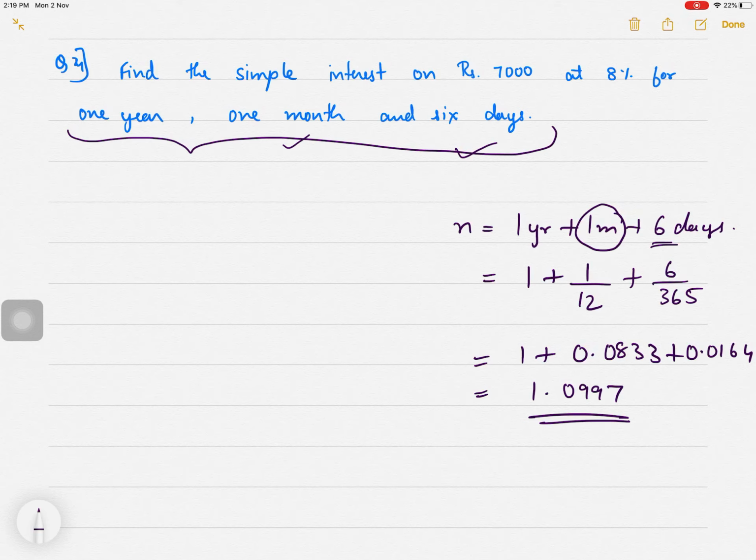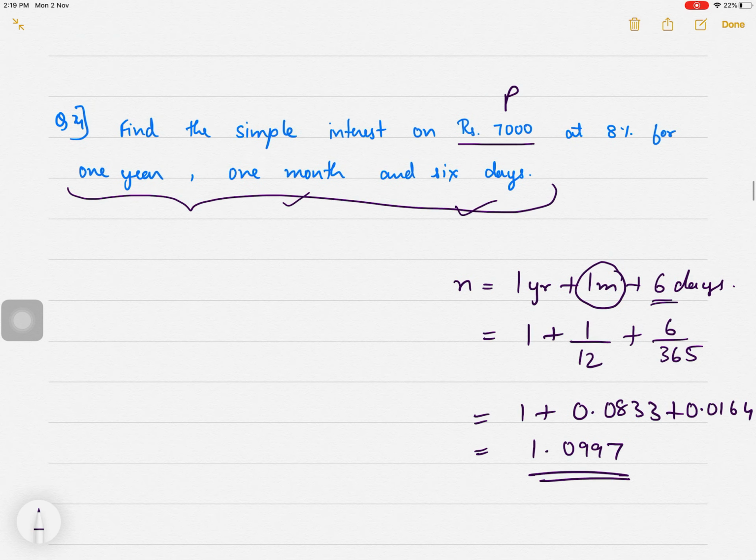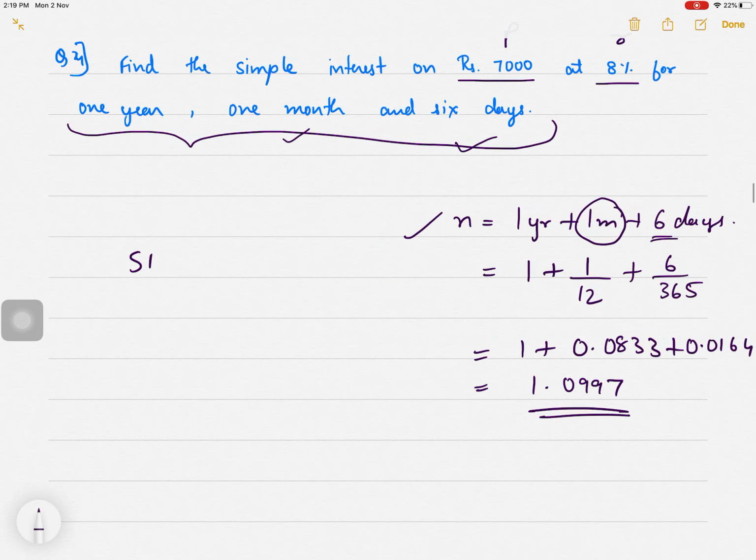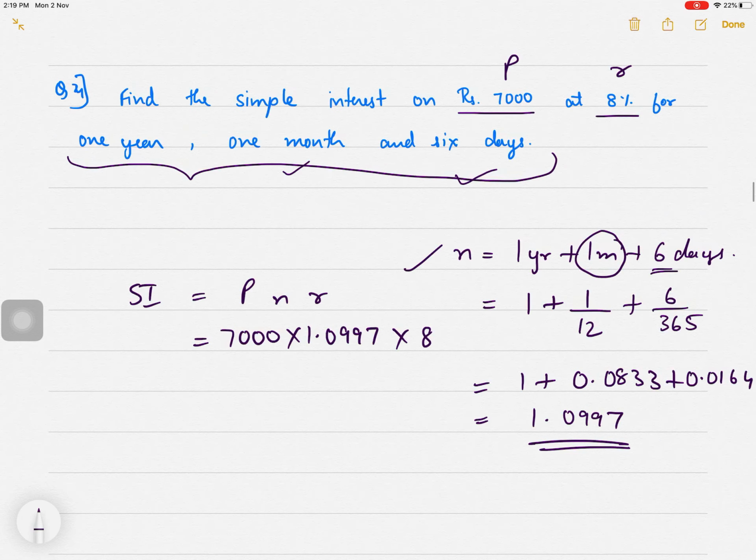Okay, find the simple interest on 7,000. That means this is my P. Okay, 8%, this is my R, and N is given. You have to find out simple interest. So simple interest is equal to P into N into R. P is 7,000, N is 1.0997, R is 8%, so 8 by 100.